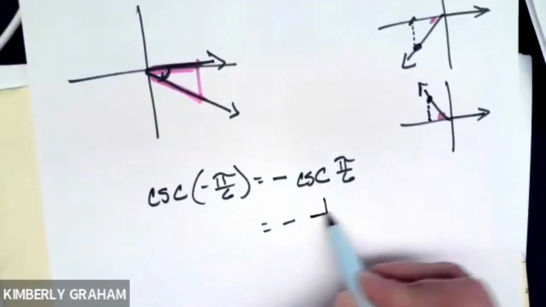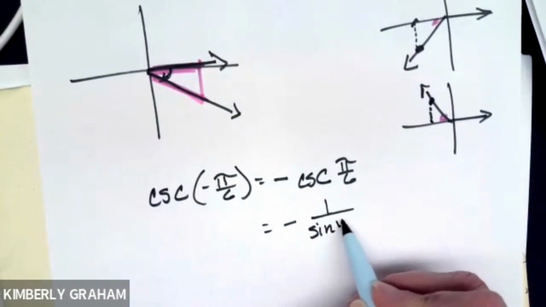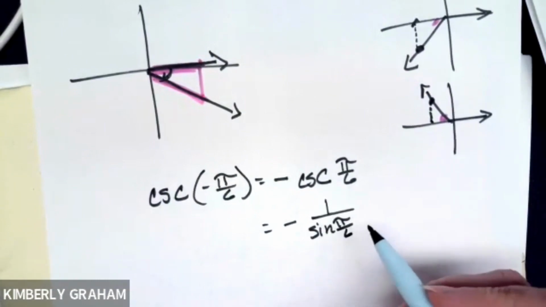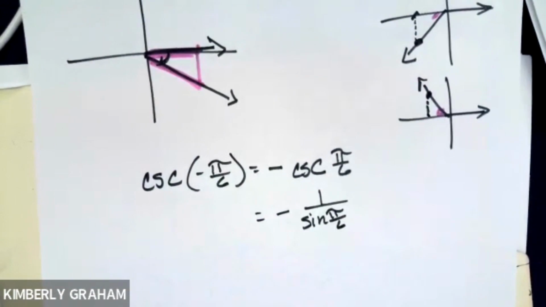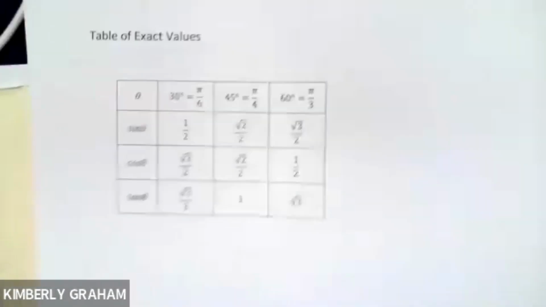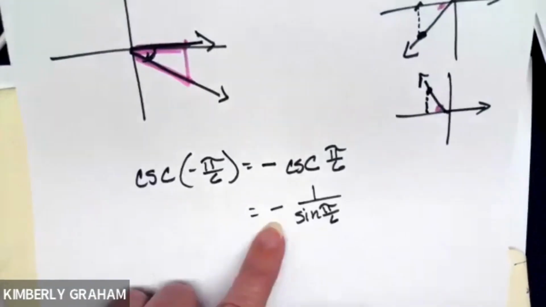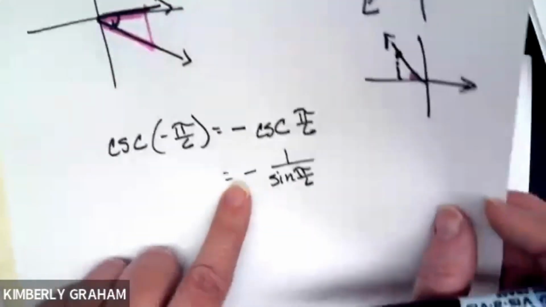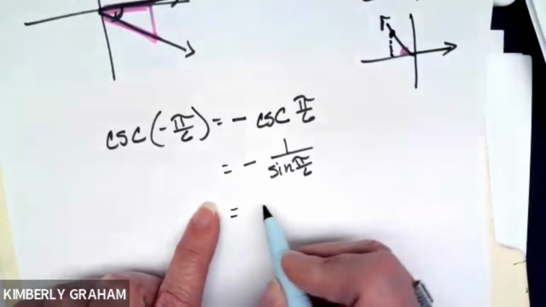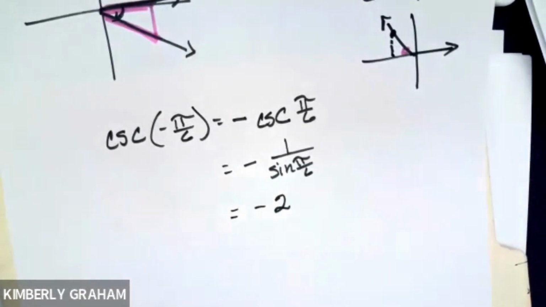So this would be 1 over sine of pi over 6. And sine of pi over 6 is 1/2. So just turn that upside down. You get 2 over 1. And remember, you still have that negative out front. So this would be -2. There's quite a bit of steps to get to that answer.